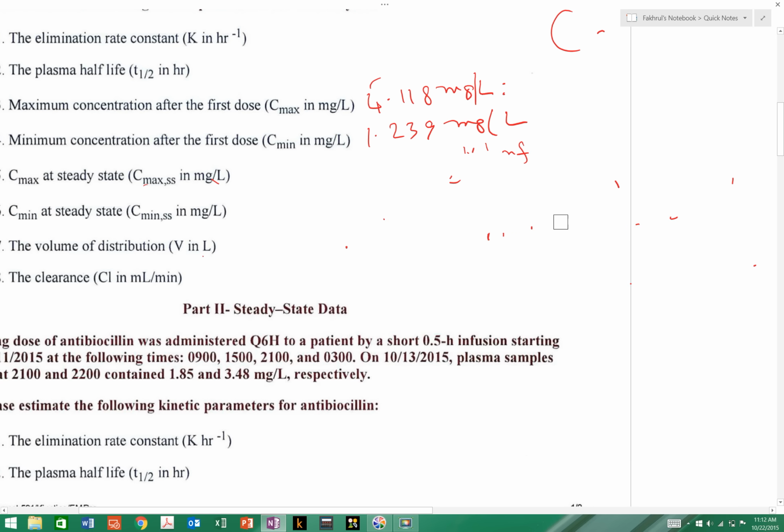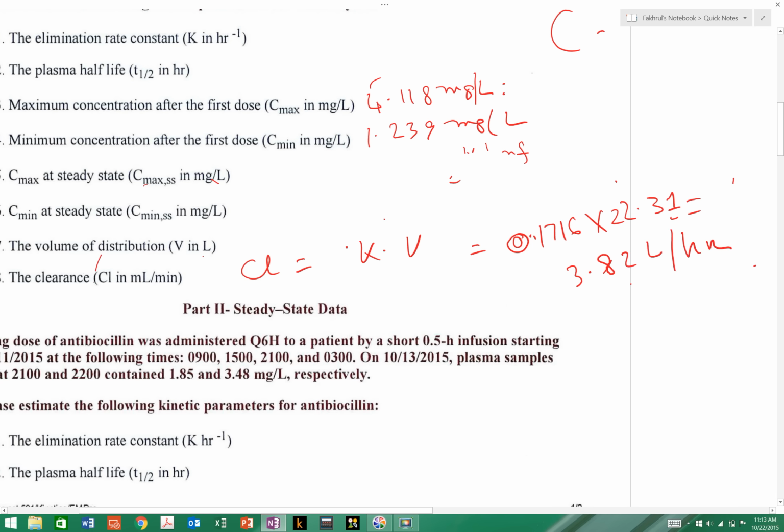It is the equation we have been using forever: CL is equal to K times V. K is 0.1716 times V, which is 22.31, and that is going to give you 3.82 liter per hour.